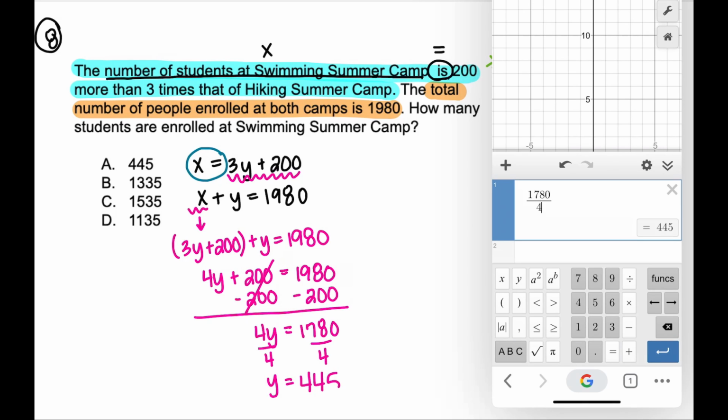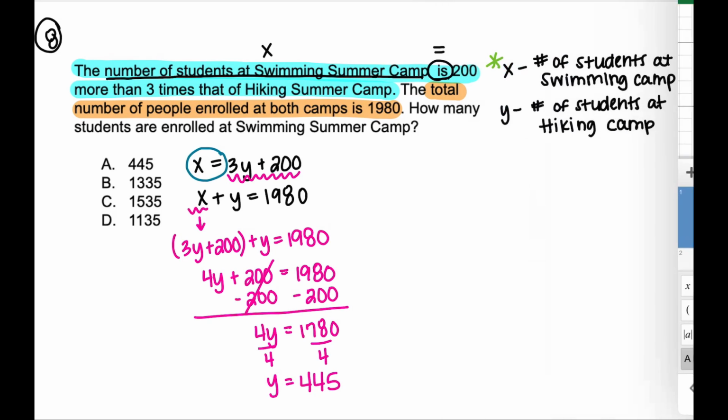All right, so let's see, 1,780 divided by 4 is 445. So this is the number of students at hiking camp. So the number of students at hiking camp is 445.